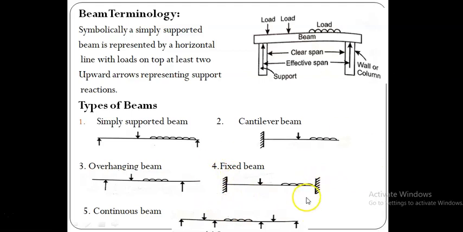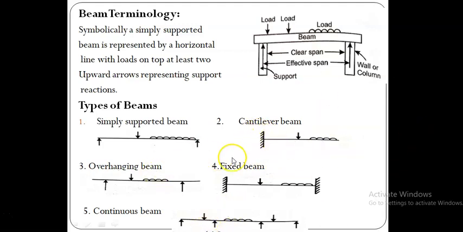Totally 4 reactive components, whereas the simply supported beam has only 2 reaction components, that is VA, the vertical reaction at support A, and, let this one be support B, the vertical reaction component VB. And this cantilever beam has 2 reaction components: the vertical reaction VA and the moment reaction MA.